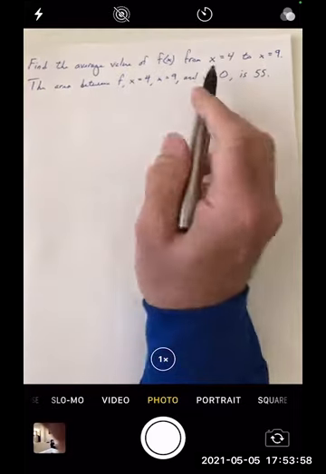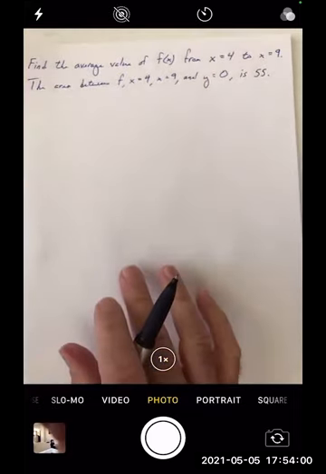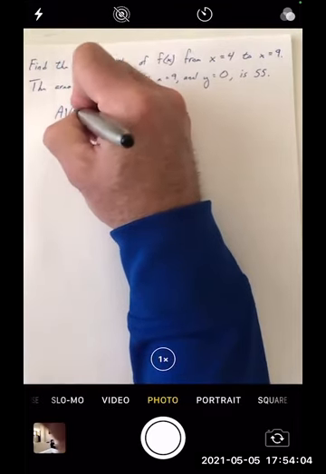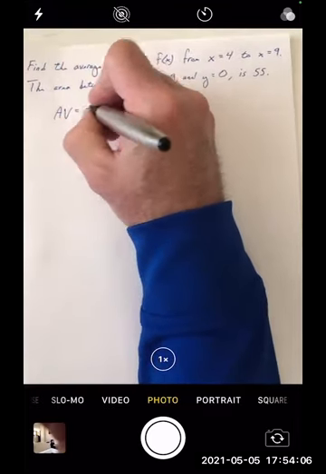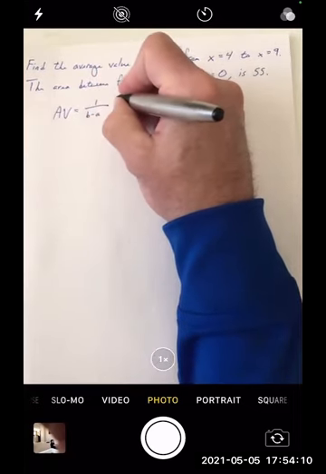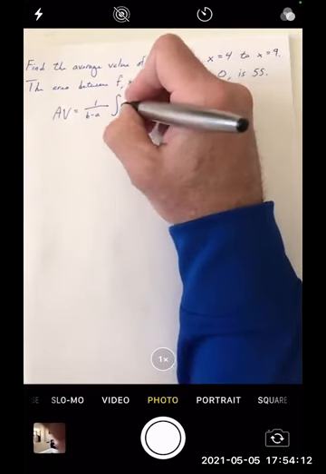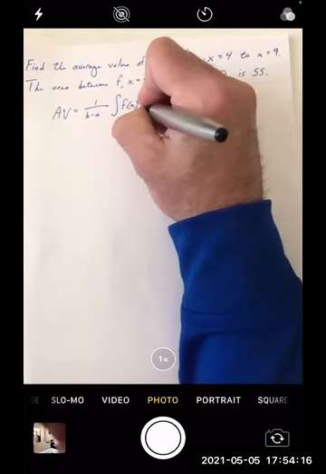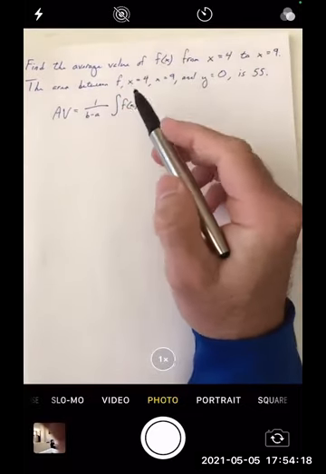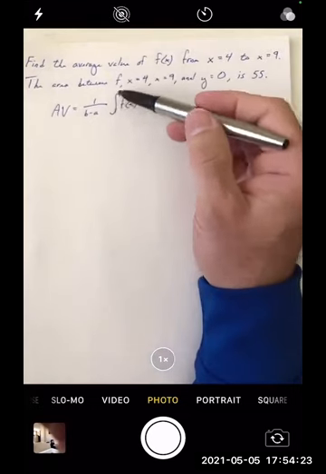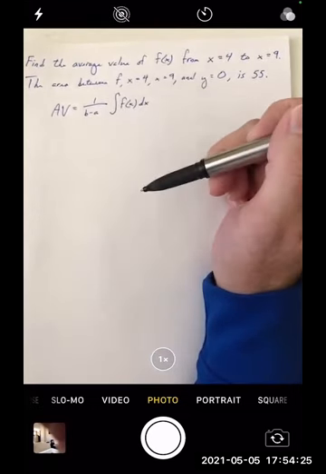So first of all, what is the formula for the average value? 1 over b minus a times the integration of f of x equals f of c. That's close. There's no f of c in there, but there is something that was left out.